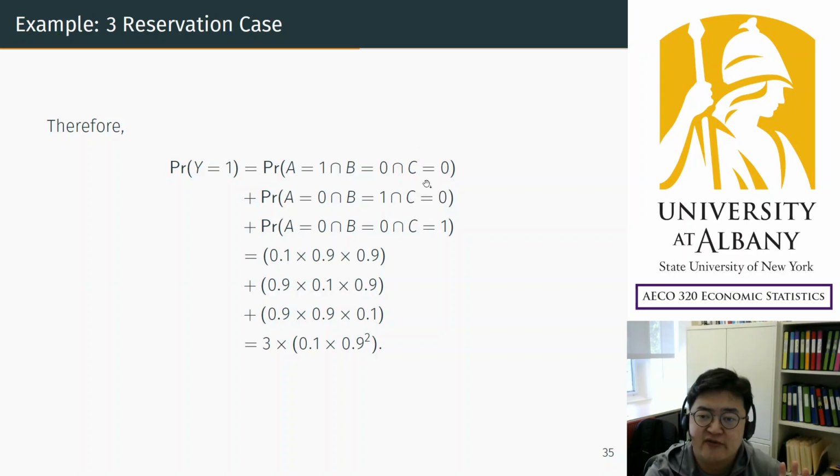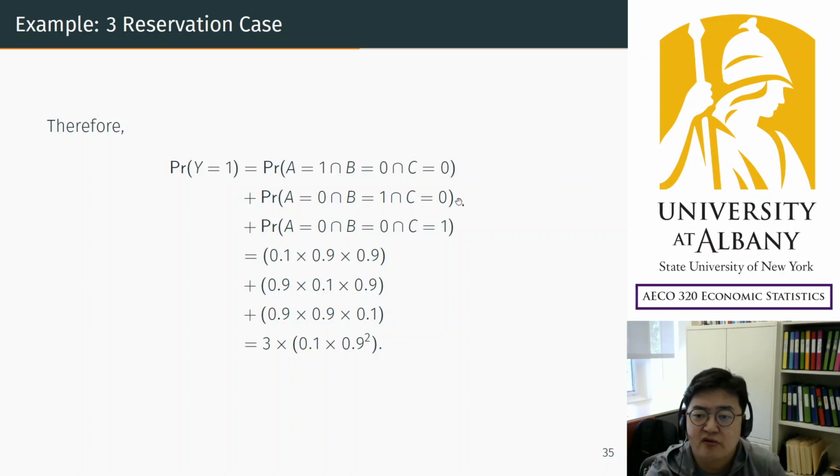The probability of the first outcome, because A and B and C are independent, you can apply the special multiplication rule: you multiply the probability that A is canceled by the probability that B is not canceled, and then C is not canceled. The probability of cancellation is 10% and non-cancellation is 90%. So 0.1 times 0.9 times 0.9.